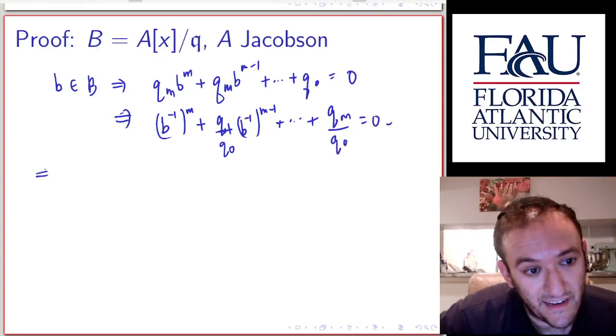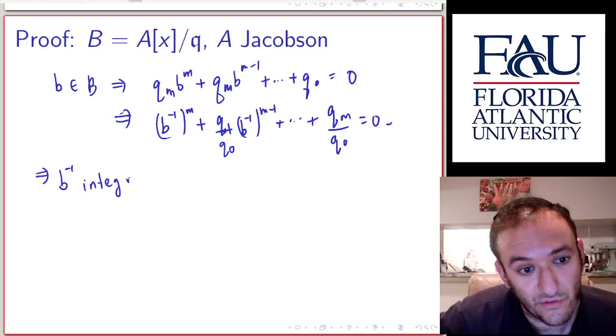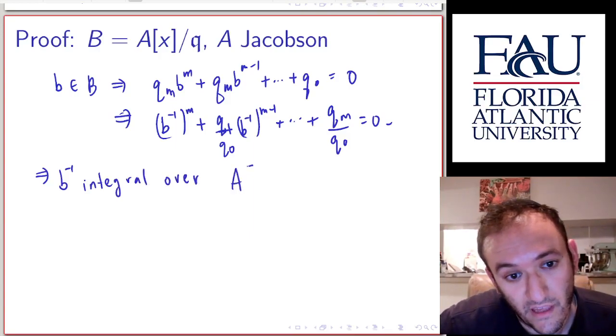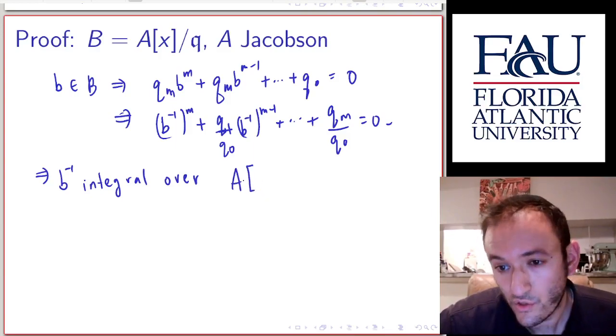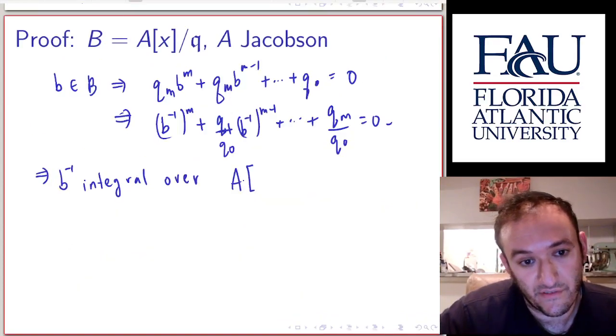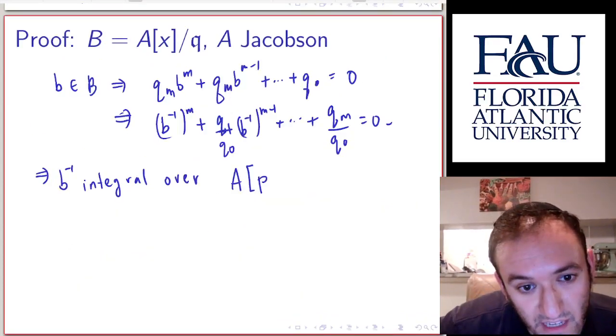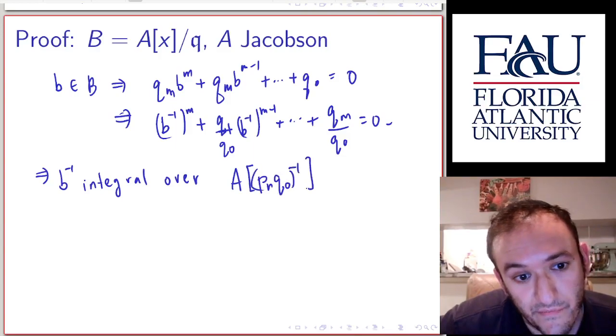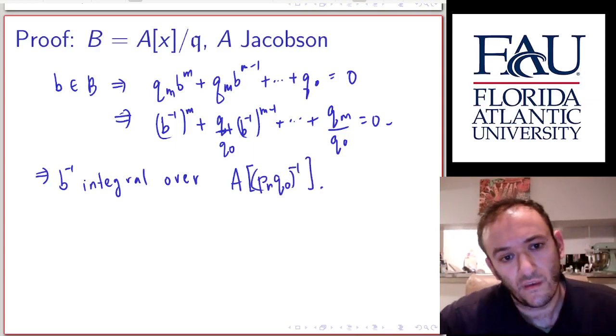So that means that B inverse is integral over A adjoin Q naught, but we also want to keep Pn inverse in there. So we're going to take Pn Q naught inverse. Okay.